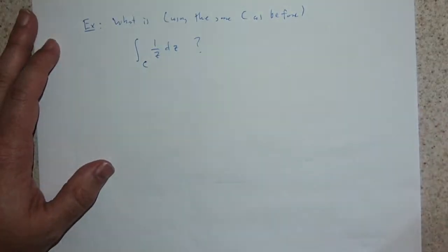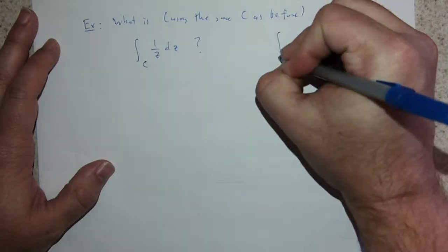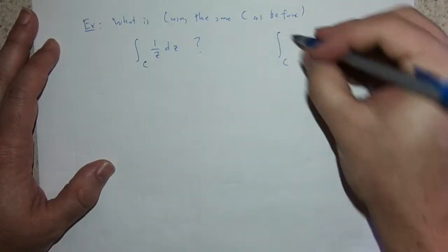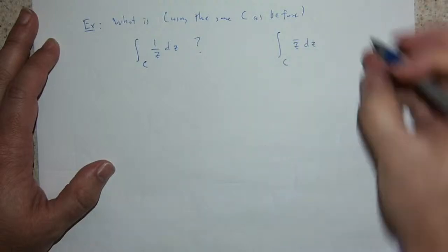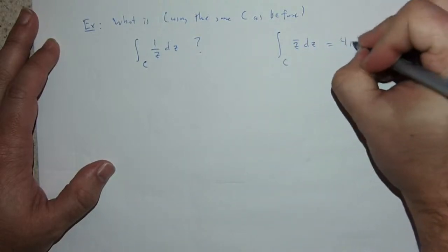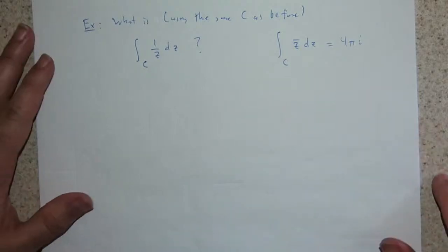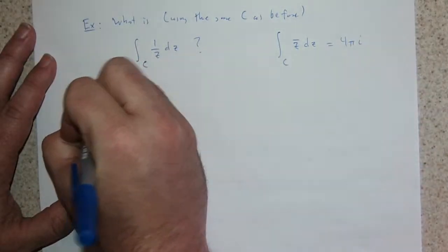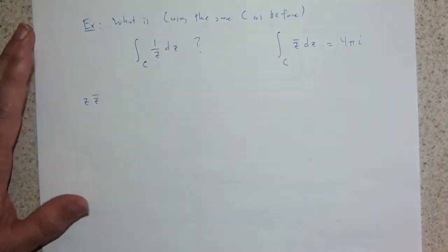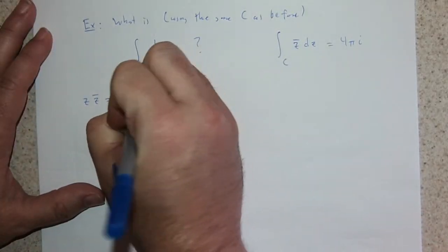So an example of how you can compute this without actually having to compute it is, we know previously that over that exact C, the integral of Z bar dz is 4 pi I. Okay, so we knew this from our previous example. Also, Z times Z bar is equal to the modulus of Z squared.